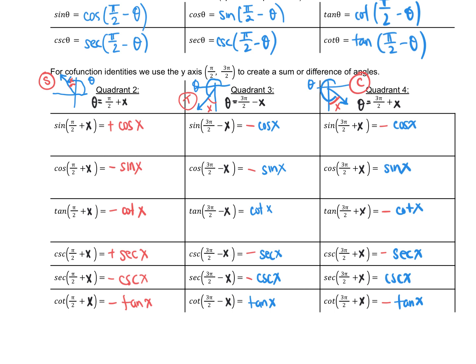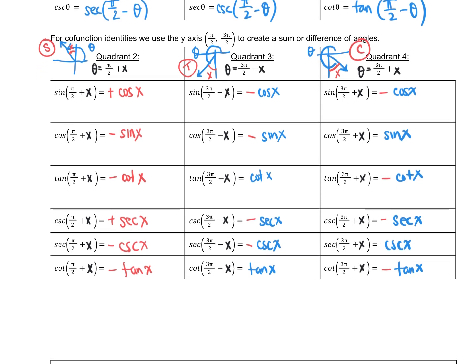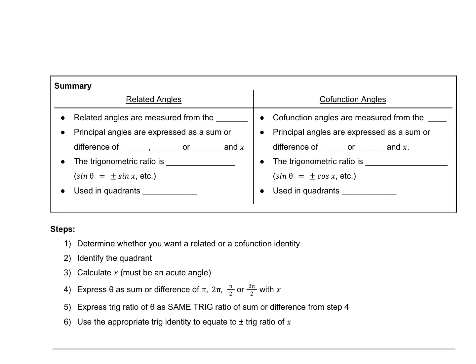So before we do a little example related to these cofunction identities, let's look at a recap or a comparison of the related angles and the cofunction or correlated identities. When we are looking at the related angles, we are measuring everything from the x-axis, whereas for the cofunction we're measuring from the y-axis.